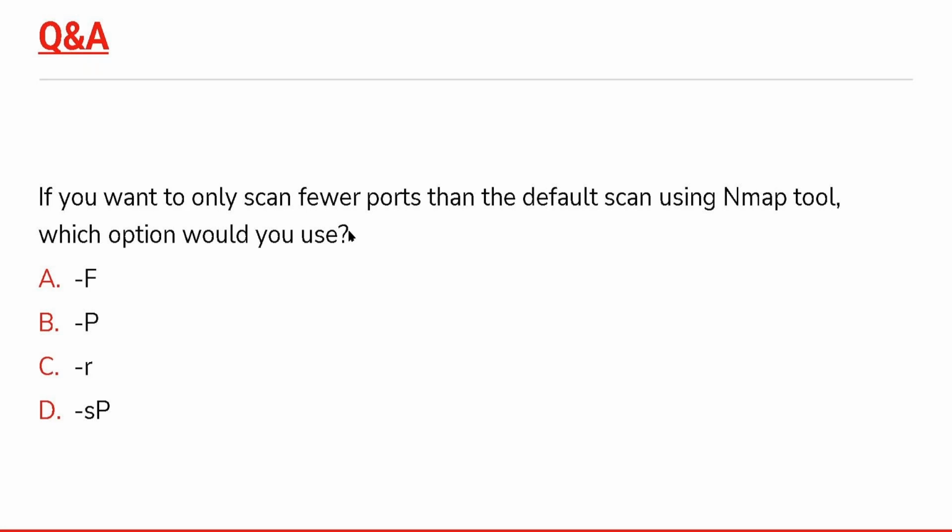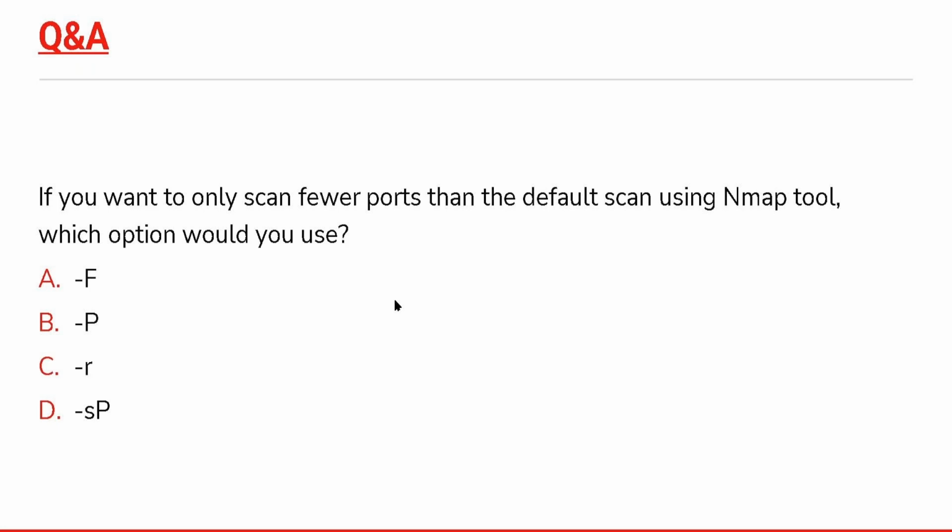With the help of this small r, if you want to scan from the lower number to the higher number of ports, we have this particular option, hyphen r, so that we can scan them sequentially.